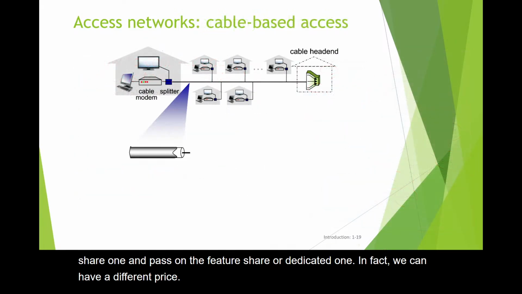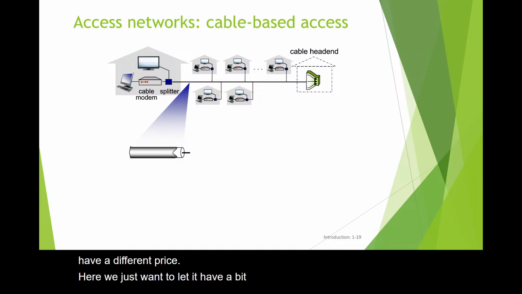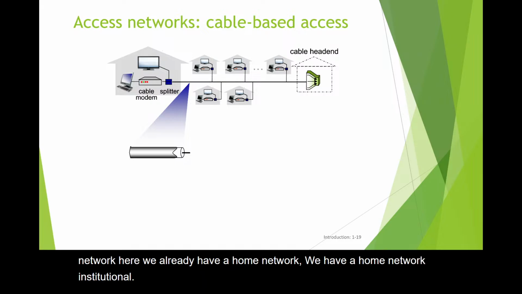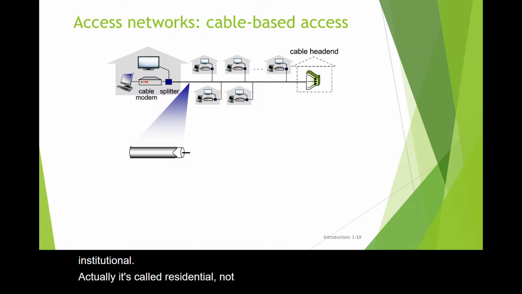Well, here we want to give a bit more detail about the access network. Here we have a home network. Previously, we had a home network and institutional; actually it's called residential, not home. But home or residential network, this one.